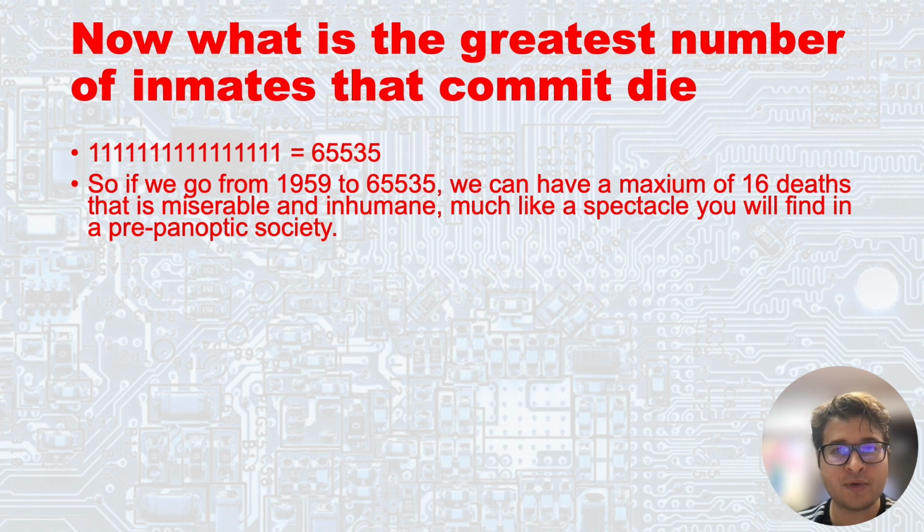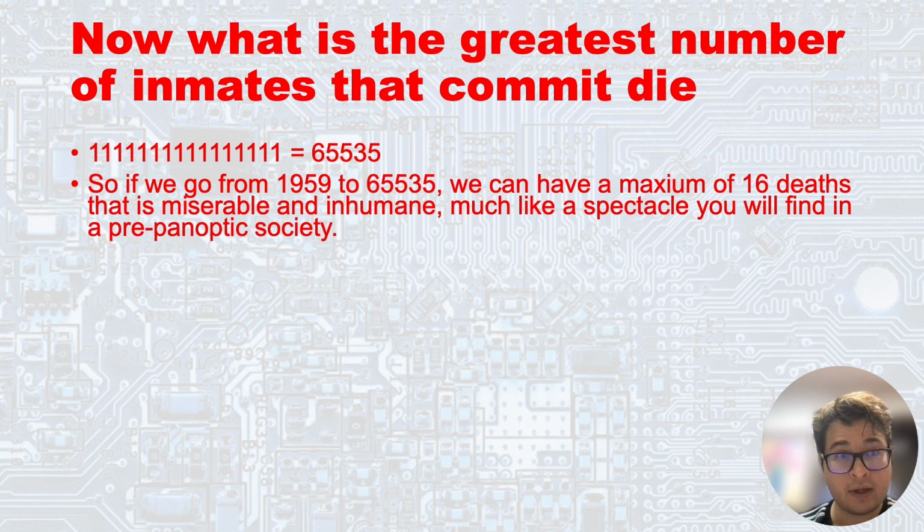Now, suppose the wine exporter is miserable. He is a guy or a girl with a mission to make all inmates die, if possible. In this case, the range of numbers will go from 1959 to 65,535, because in base 2, 65,535 means that there are ones in every single slot or bin available.